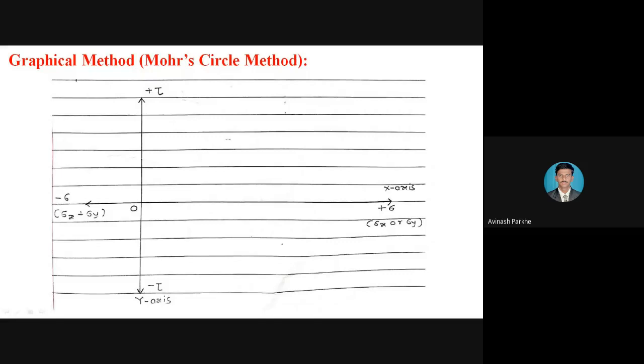But here, instead of using the list of formulae, we follow one standard procedure of the Mohr circle. We draw that circle by taking some scale, and at the end we measure the dimensions, and from that we calculate our unknown parameters.